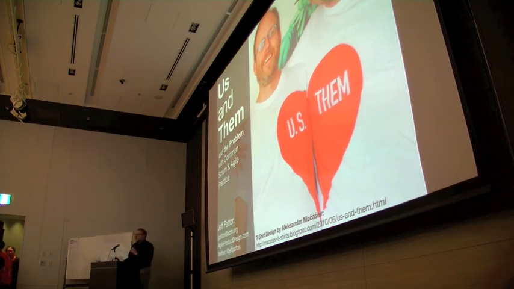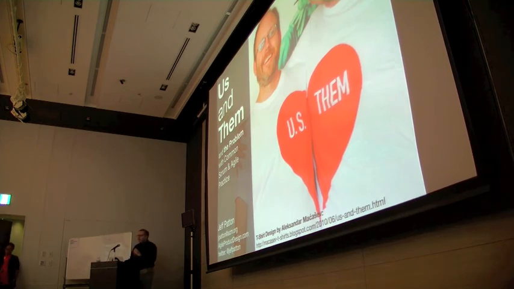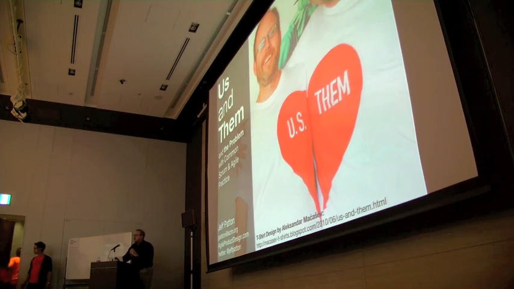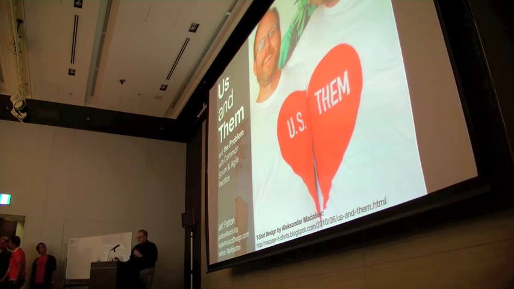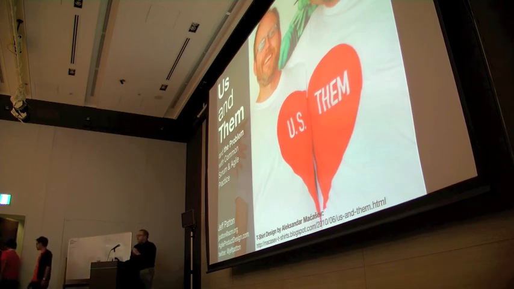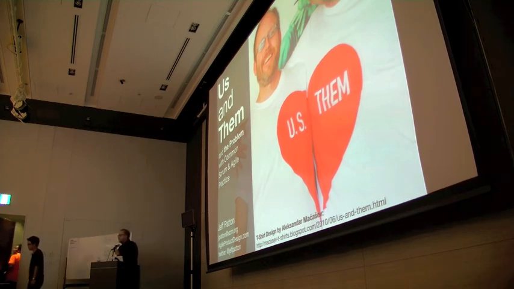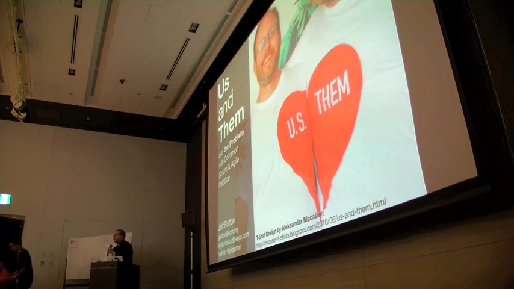I want to talk about different process groups, and in Scrum and common Agile practice in particular, I want to talk about the product owner and the Scrum team. They're, for me, the biggest us and them group. We often hear that when things go wrong, we have a bad product owner.